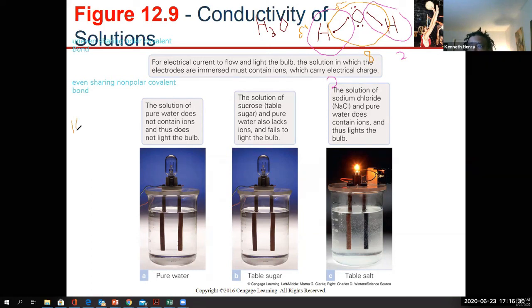So we have our H, O, H. The oxygen and hydrogen share the electrons, but the electron spends more time with oxygen than with hydrogen. So it's partially, and this symbol is called delta. Delta minus means partially negative. Delta plus means partially positive.